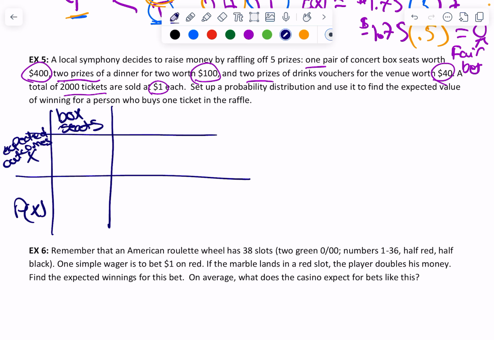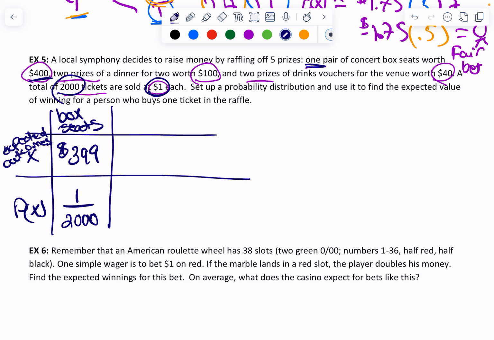Box seats are worth $400, but you're paying $1 for each. So that means that the box seats are going to be $399 because you paid for that ticket, right? Now, there's one pair, so the chances are that it's one out of the 2,000 tickets for the box seats.